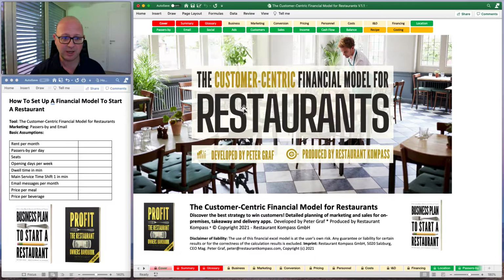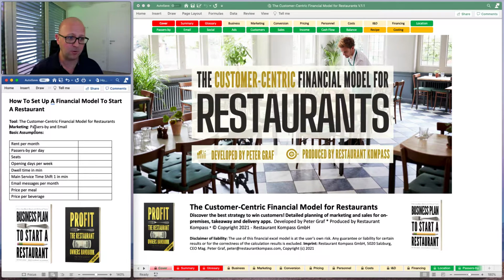Before we start with the Excel file, I would propose that we write down some of our assumptions. First, we work with this tool, the Customer-Centric Financial Model for Restaurants. That's this Excel tool. Second, it's the question how we would like to do our marketing. This should be the answer to the question, how do you get customers into your restaurant?